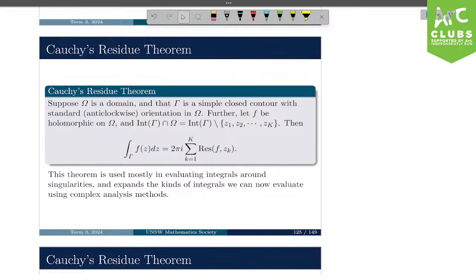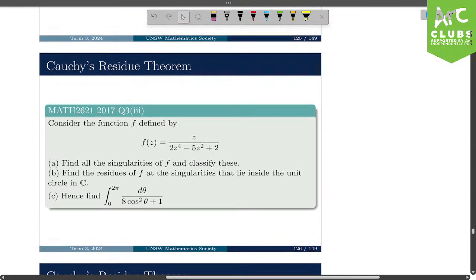And so the integral equals 2 pi i times the sum of these residues. Lovely stuff. So let's immediately apply it.